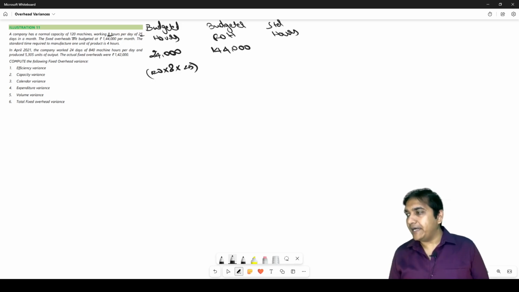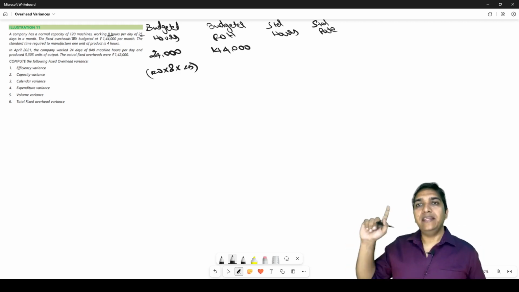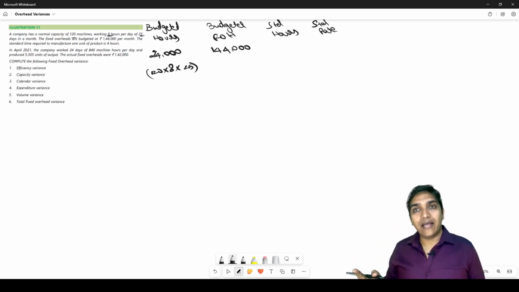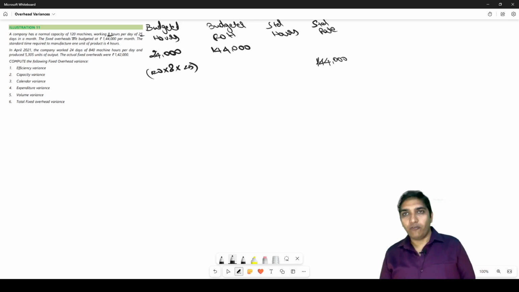Next we go to our standard rate. Now standard rate is also the absorption rate. And how do we calculate the absorption rate? Absorption rate is calculated by taking our budgeted cost, which is 1,44,000, and dividing it by our budgeted hours.